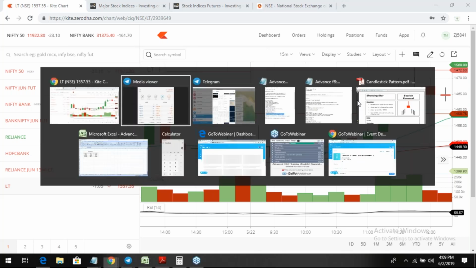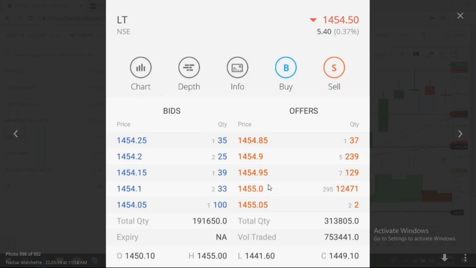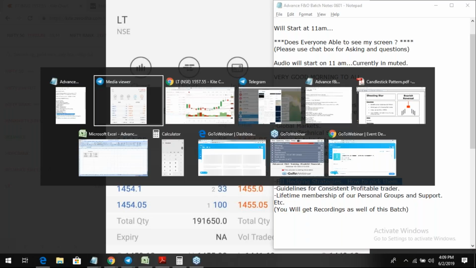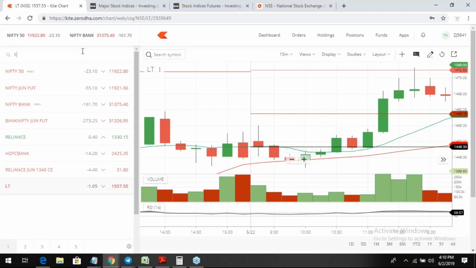Why this high number of selling at a particular price? The reason is, what is our topic? FII hedging strategy. What do they do? Tell me the L&T lot size. Almost 375.